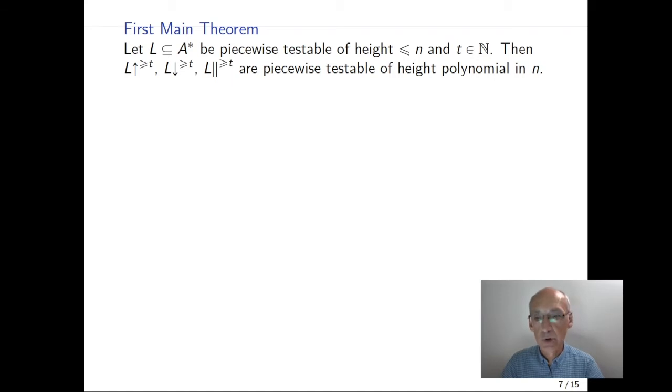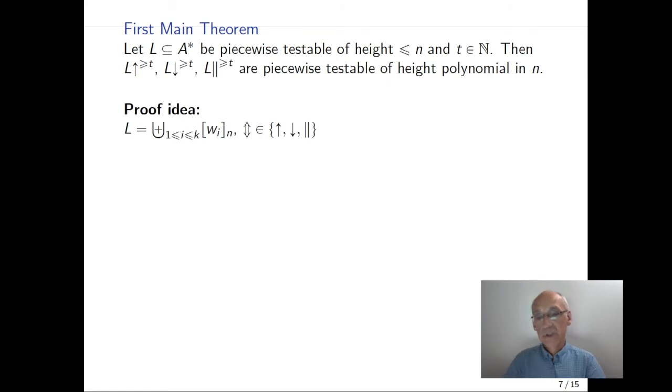So here we have a closure property of the class of piecewise testable languages. Here's the proof idea. So L is piecewise testable of height at most n. Therefore, L is a union of equivalence classes of the equivalence relation of level n. And since equivalence classes are mutually disjoint, we have a disjoint union.